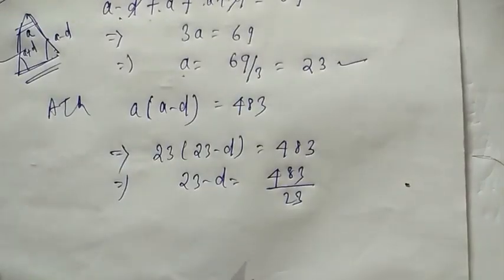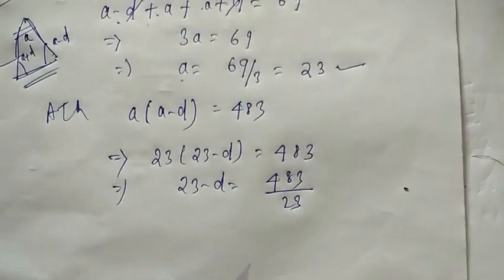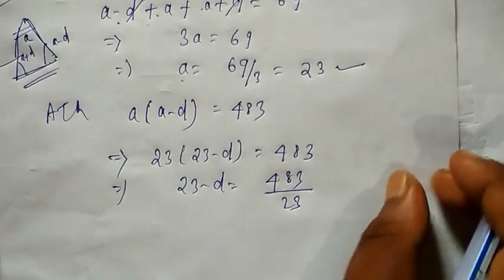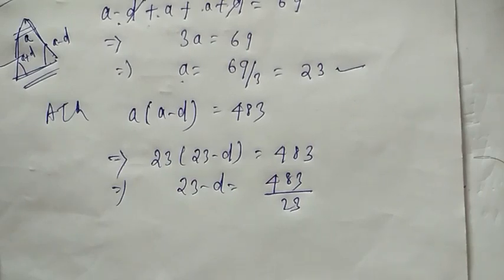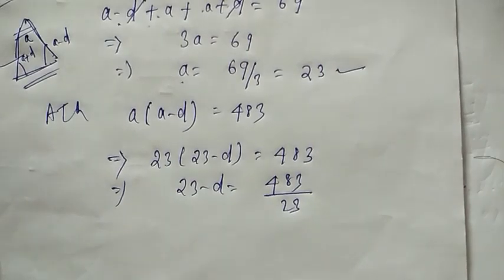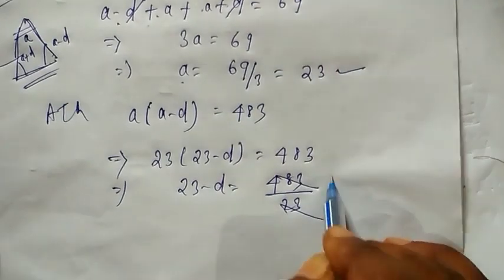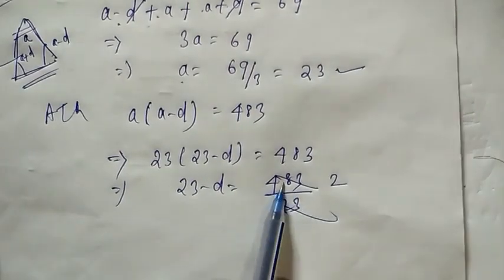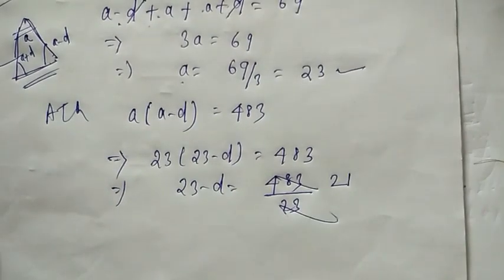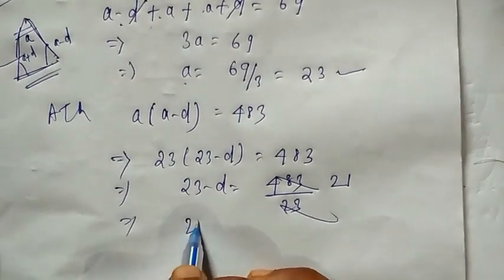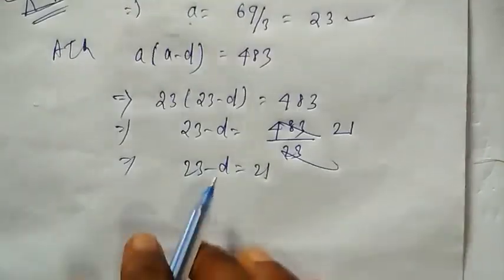Cancelling the 23, how much are we getting? 23 times 2 is 46, and so on. So 23 minus D is equal to 21.